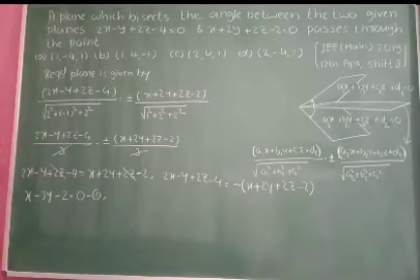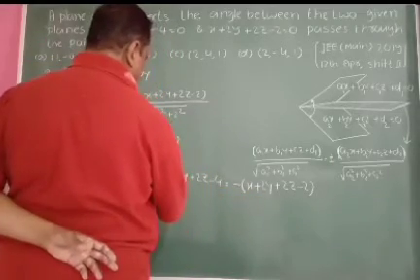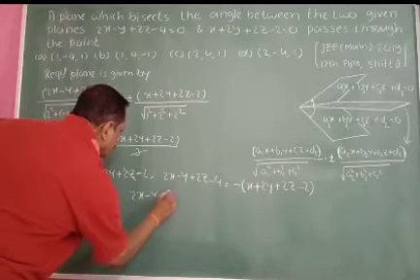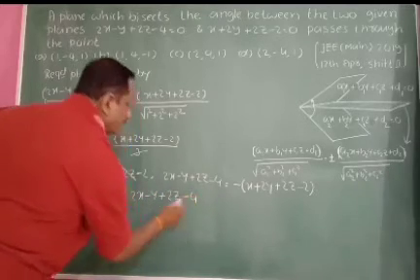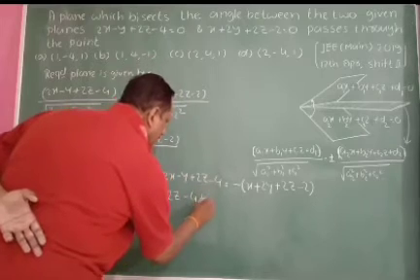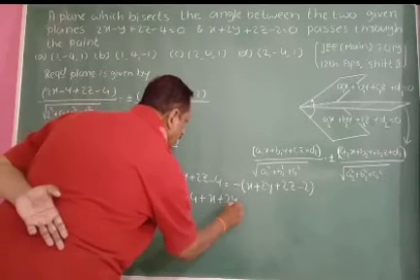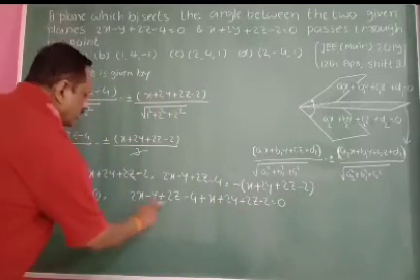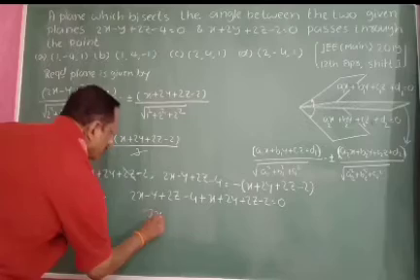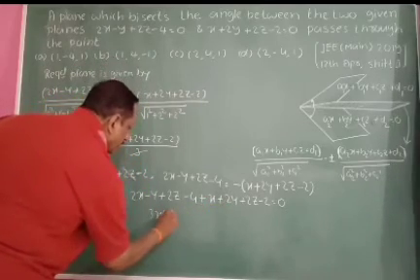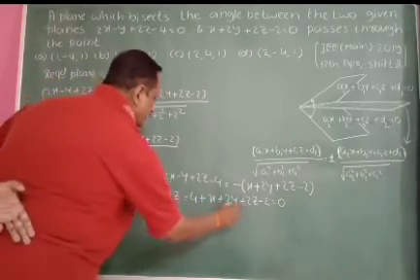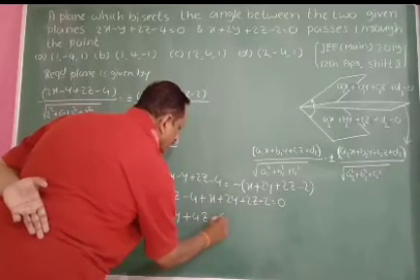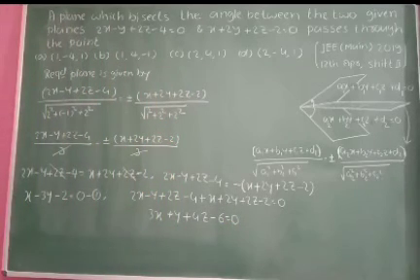Then for the second, take all the terms to the left side: 2x minus y plus 2z minus 4, and minus becomes plus, so plus x plus 2y plus 2z minus 2 equal to 0. 2x plus x becomes 3x, minus y plus 2y is plus y, 2z and 2z becomes 4z, minus 4 minus 2 gives minus 6, equal to 0.